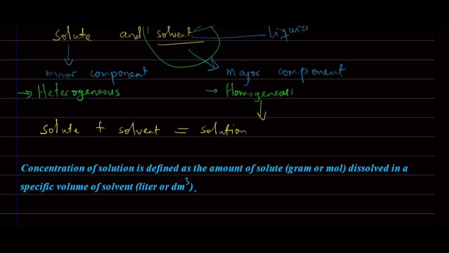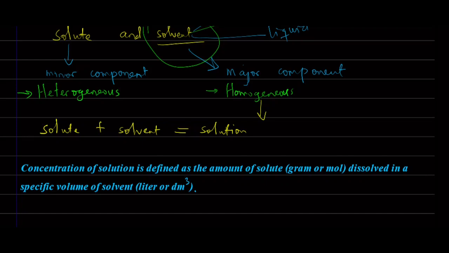Because we're able to collect the data involved in the solution, it will be easier for us to calculate how concentrated the solution would be. And that's what simply separates or distinguishes it from solution.